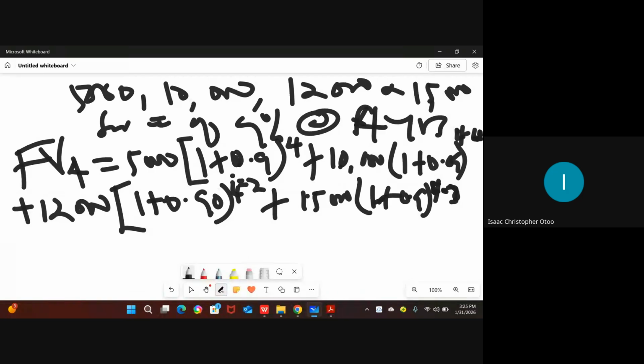But what I'm saying is that if you compare that one with the present value, here it would have been 1, not 4, and the second one would have been 2. That one started from lowest to the highest, and this time the number of years is starting from the highest to the lowest. That's the question that I'm asking you.